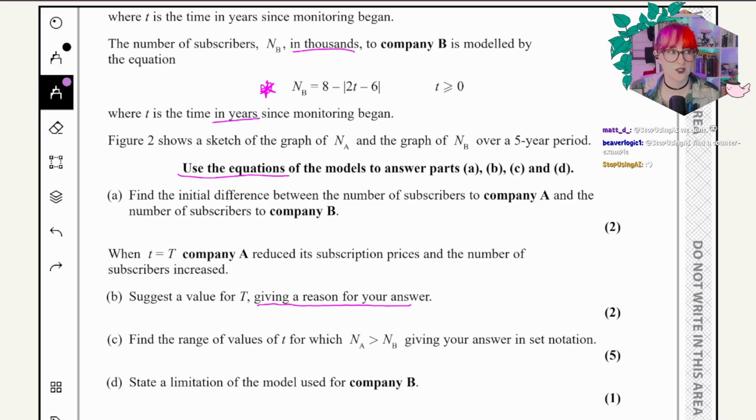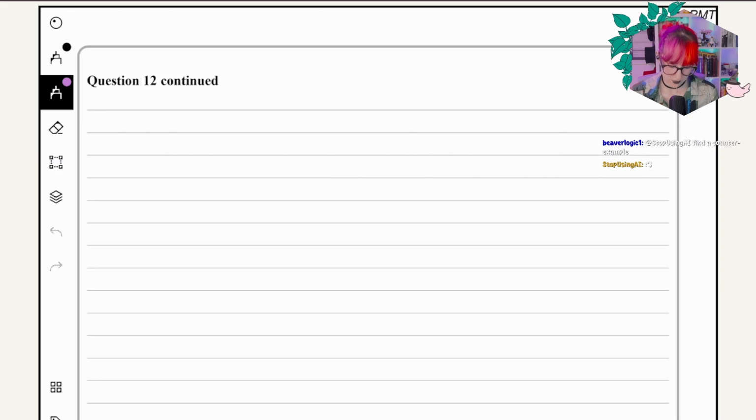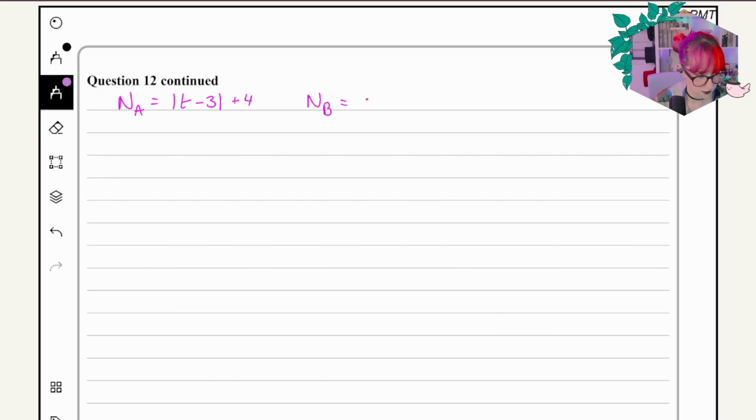The graph is there to help with intuition. It is not there for us to use. So we're going to write out our expressions again: NA = |t − 3| + 4, and NB = 8 − |2t − 6|.